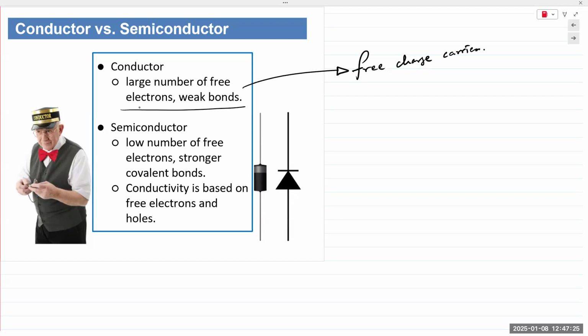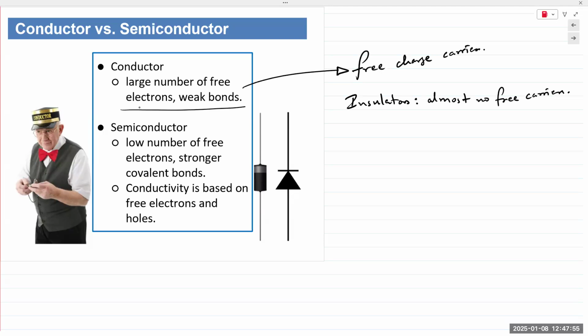Insulators, on the other hand, have very low, I would say almost no free carriers or very low amount of free carriers. When we use the word free here, it means whether they are free to move, free to conduct.